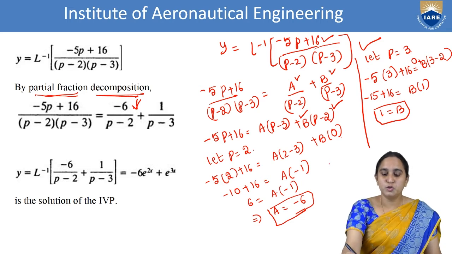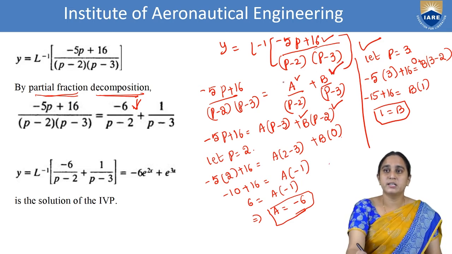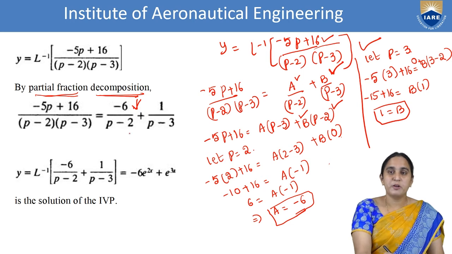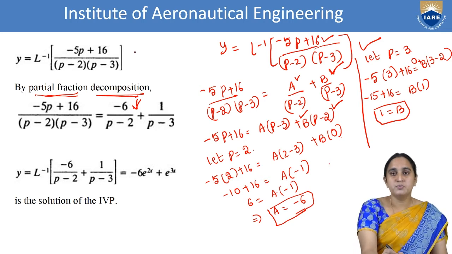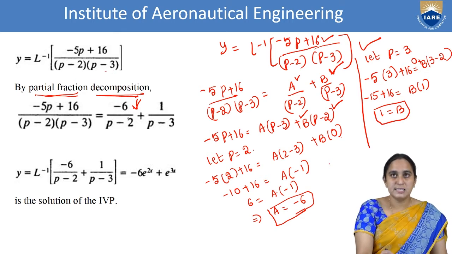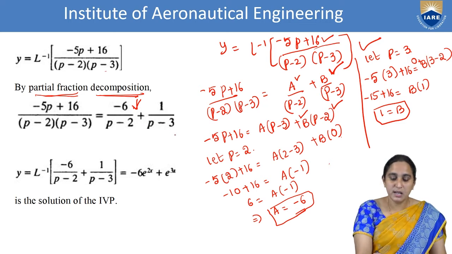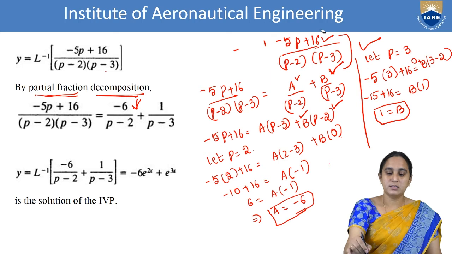Now substitute the two values into the above equation, that is A as -6, so -6/(p - 2) plus B as 1, so 1/(p - 3). After using partial fractions, we convert (-5p + 16) / ((p - 2)(p - 3)) as -6/(p - 2) + 1/(p - 3).